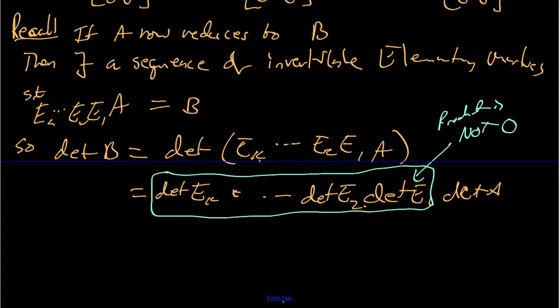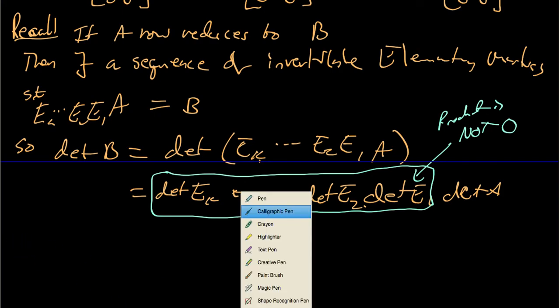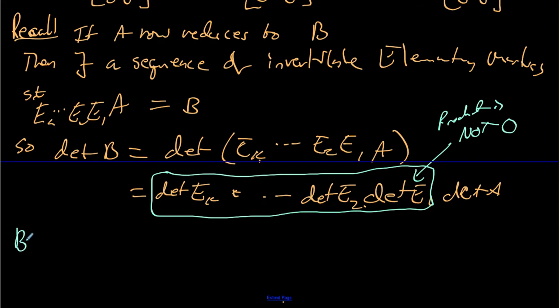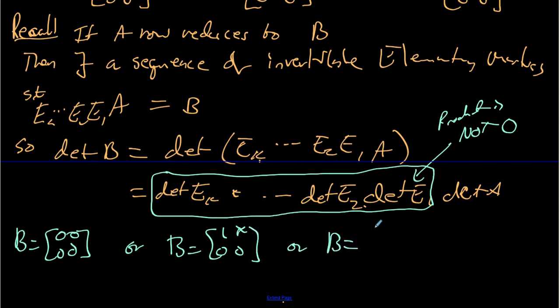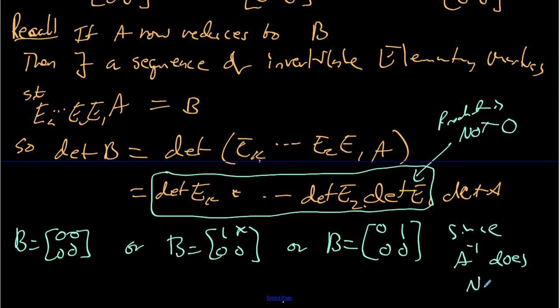But if you look at the appropriate reduced row echelon forms for non-invertible matrices, we know what B looks like. B looks like either 0, 0, 0, 0, or B looks like 1 something 0, 0, or B looks like 0, 1, 0, 0, since we know that A inverse does not exist. And what I want to notice here is that the determinant of each one of these guys is equal to 0.